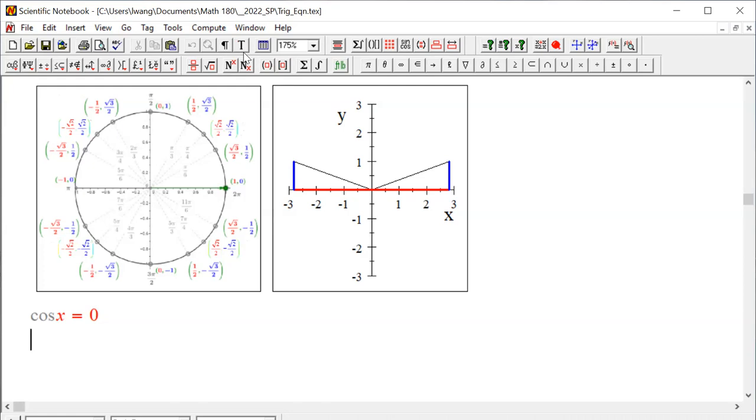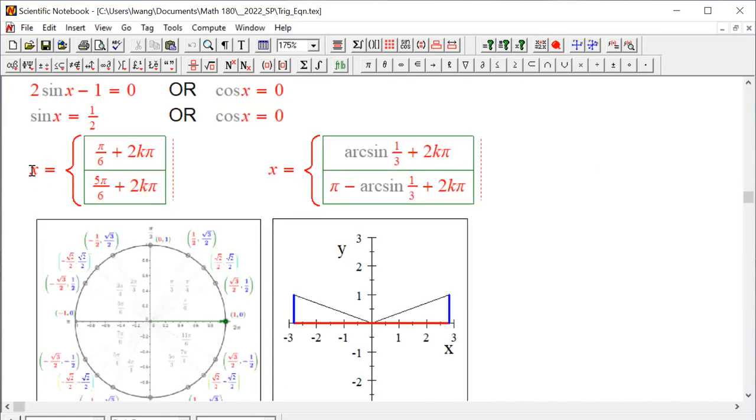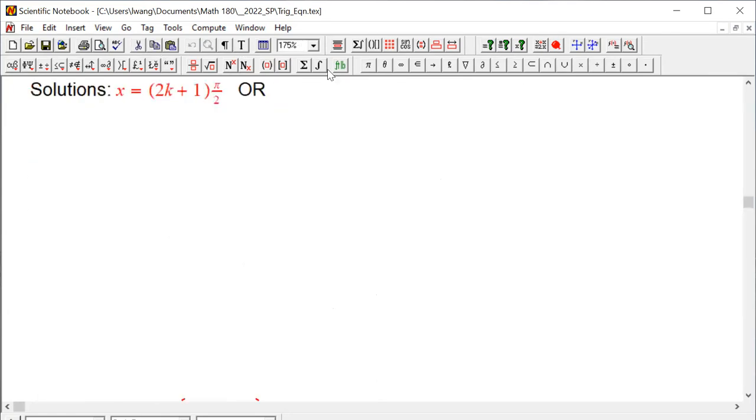That looks like x is going to be odd-number multiples of pi over 2, isn't it? So finally, the solutions are, we have this form of solution, or that form of solution for this particular question.